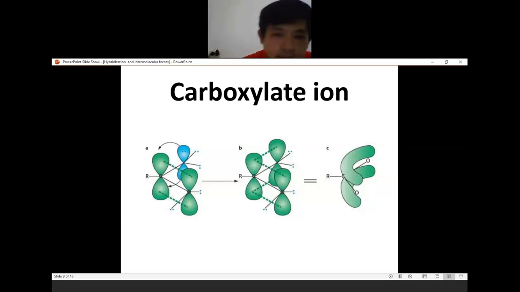Okay, and then this one describes the pi bond. So in the carboxylate ion, although it is a single bond, it can have double bond character. So only double bond character. It does not have the real double bond. The real double bond is only with one oxygen, not with both oxygens.